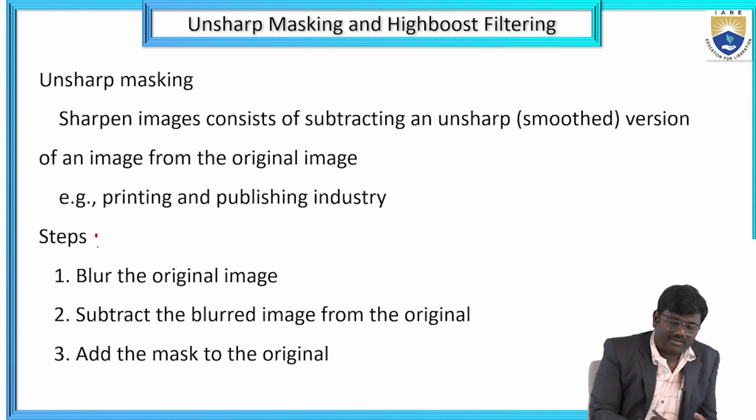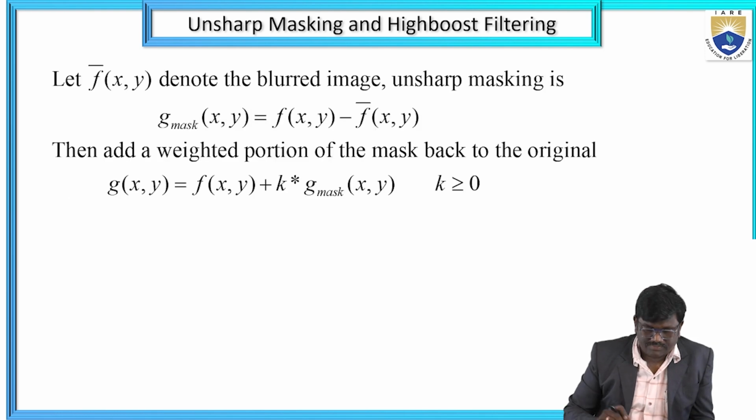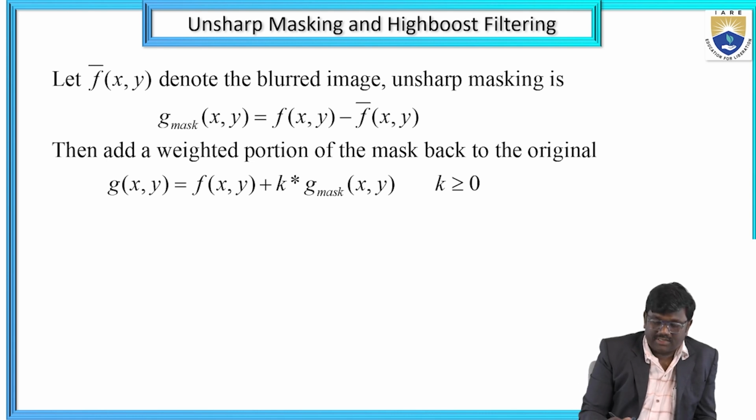Step one, blur the original image. Two, subtract the blurred image from the original. Three, add the mask to the original. Let f dash of x comma y denote the blurred image. Unsharp masking is g mask of x comma y equal to f of x comma y minus f dash of x comma y. Then add a weighted portion of the mask back to the original, which is where the k value comes in.